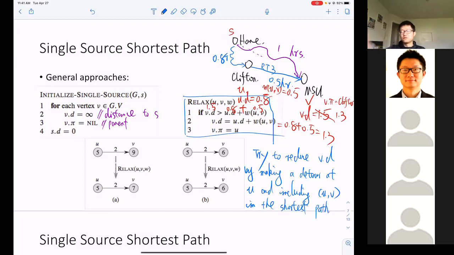If including this edge helps us reduce the total distance, then we do that. So this is a brief summary of the relax function.